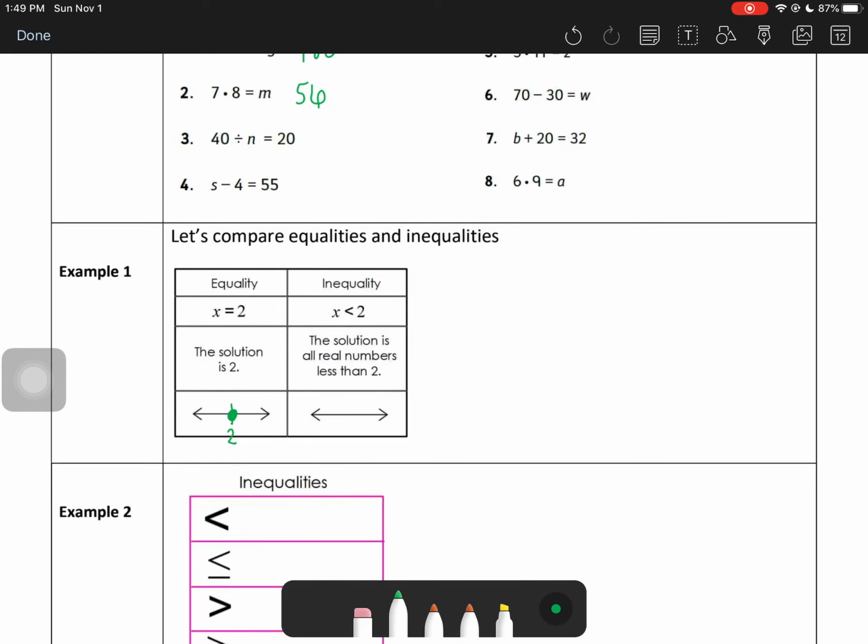An inequality is a range of answers. So an equality, one solution. Sometimes it could be 2. But an inequality has a range of solutions.